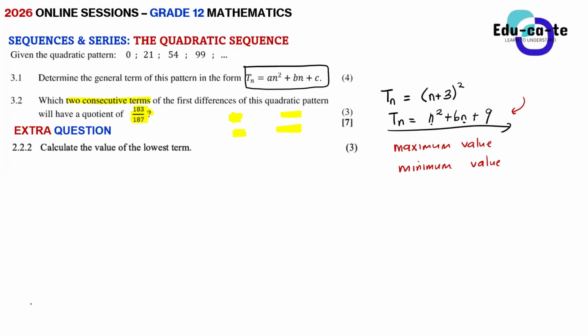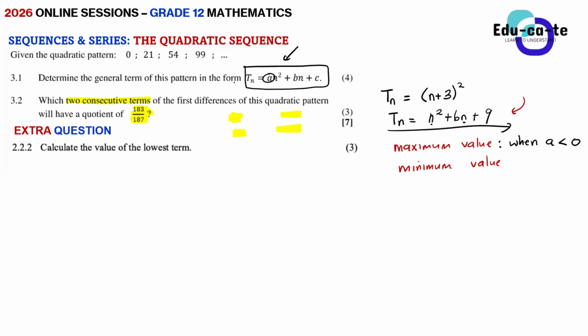So basically, you find the maximum value when the coefficient a is less than 0. It means that when the value of a in this quadratic equation is negative, you are going to have a maximum value.